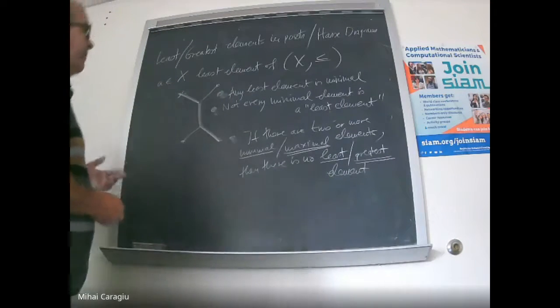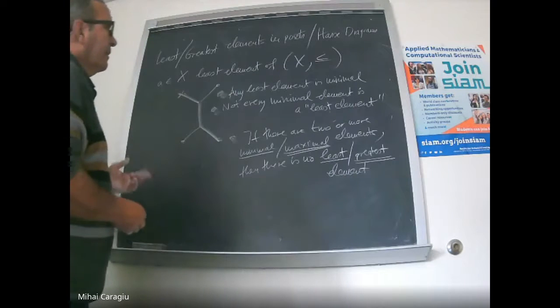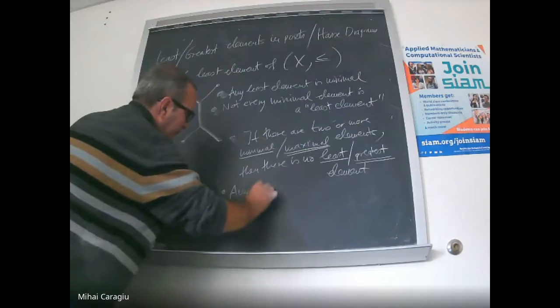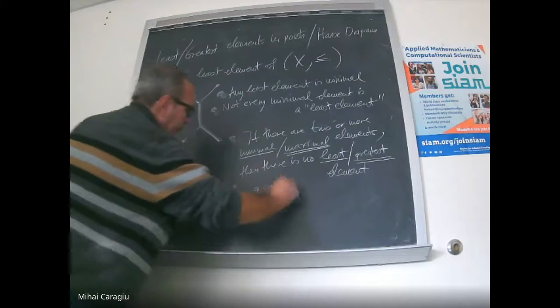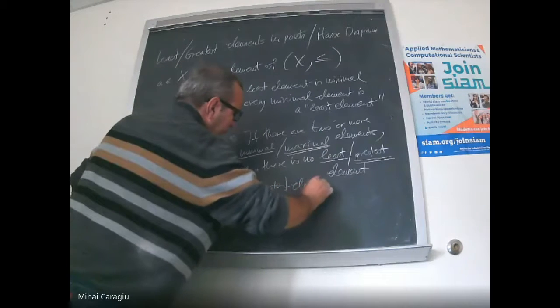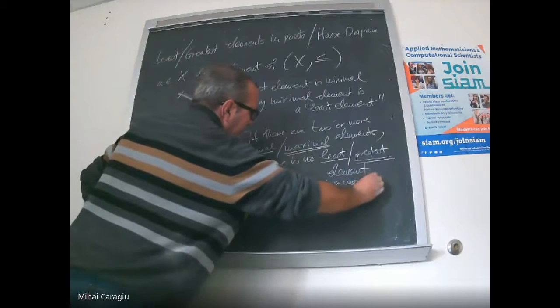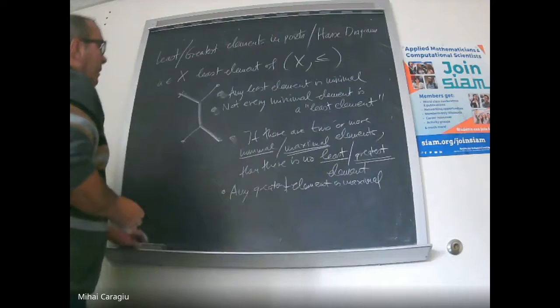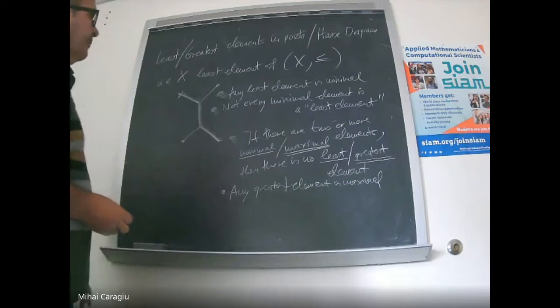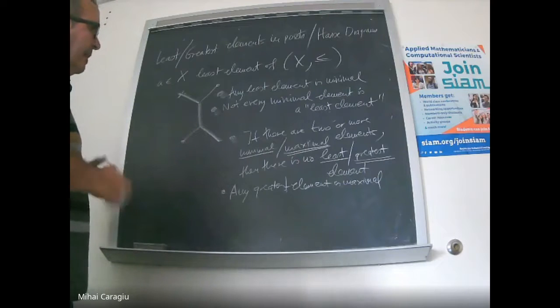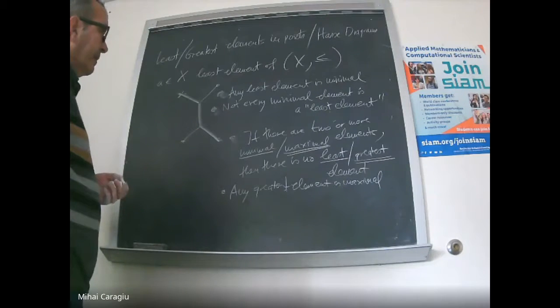Any greatest element is maximal, and not every maximal element is the greatest element. And like we said before, if there are two or more maximal elements, then there is no greatest element.